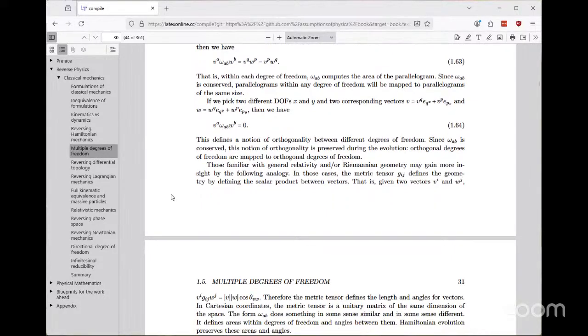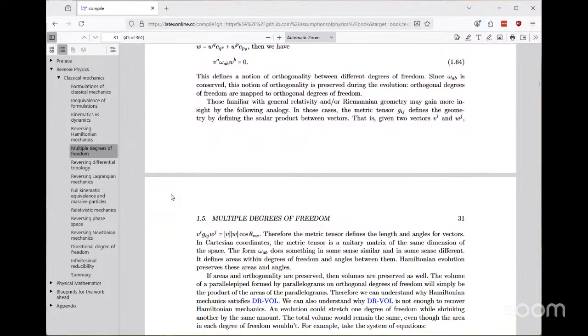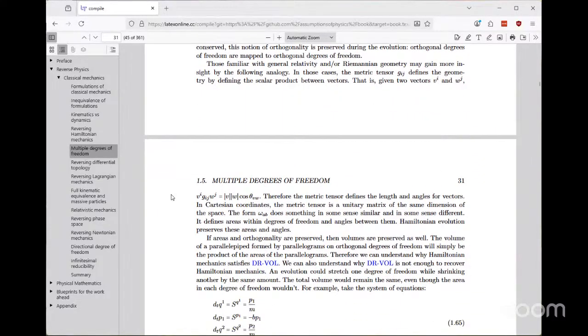Those familiar with general relativity and/or Riemann geometry may gain more insight by the following analogy. In those cases, the metric tensor g_ij defines the geometry by defining the scalar product between vectors. That is, given two vectors V^i and W^j, V^i g_ij W^j is this inner product.